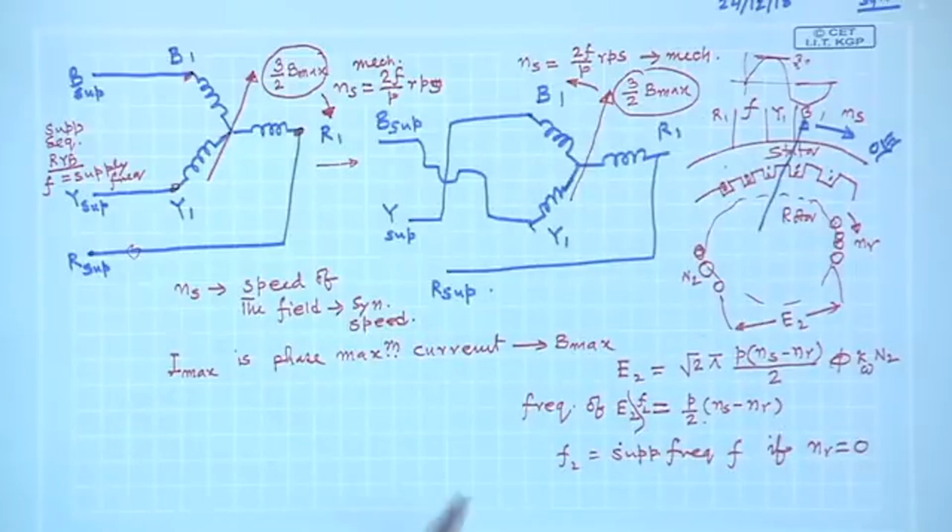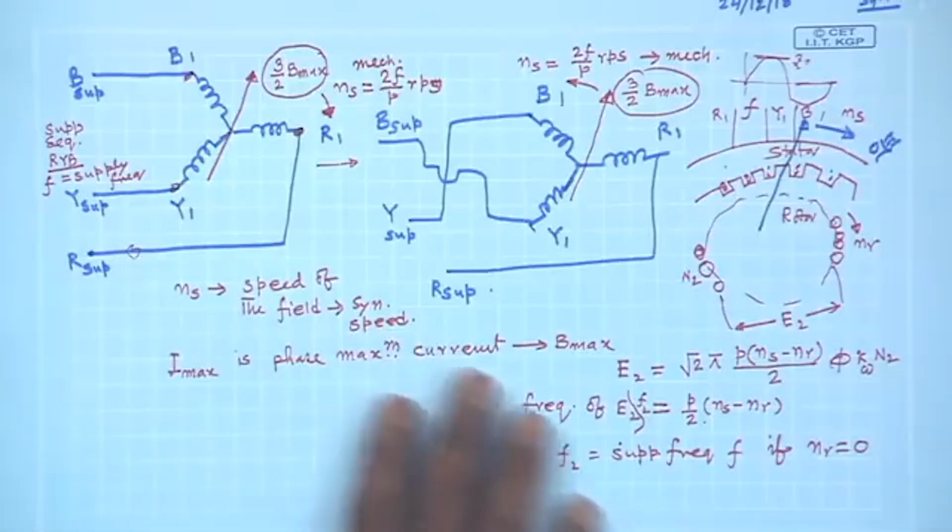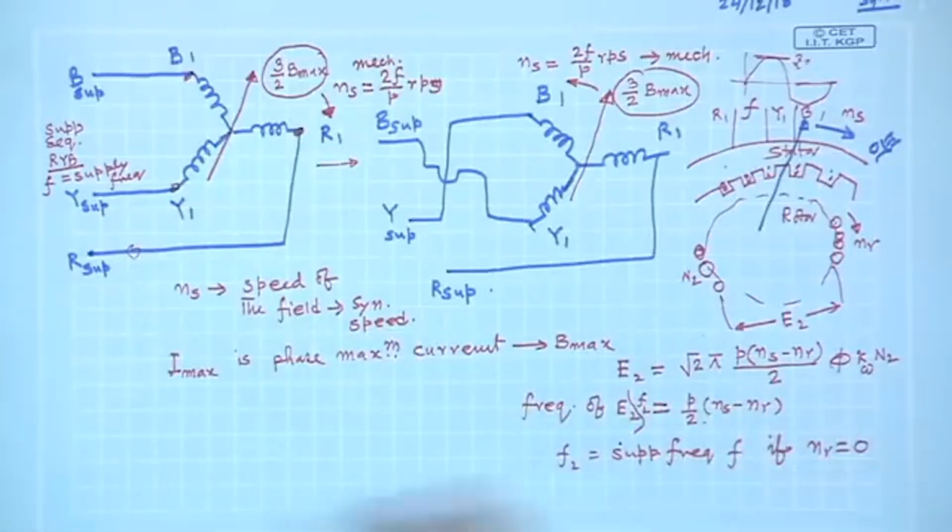In fact, Ns minus Nr will decide the frequency of the rotor induced voltage. So, this is the basic idea that we will further build up, but I hope this point is absolutely clear, what we are doing.